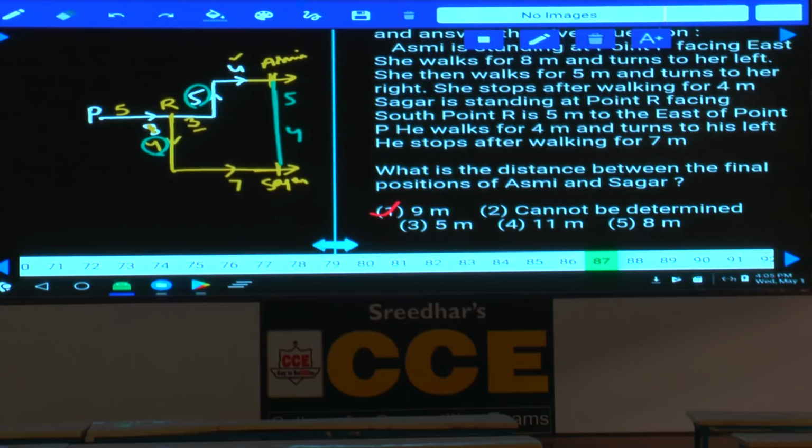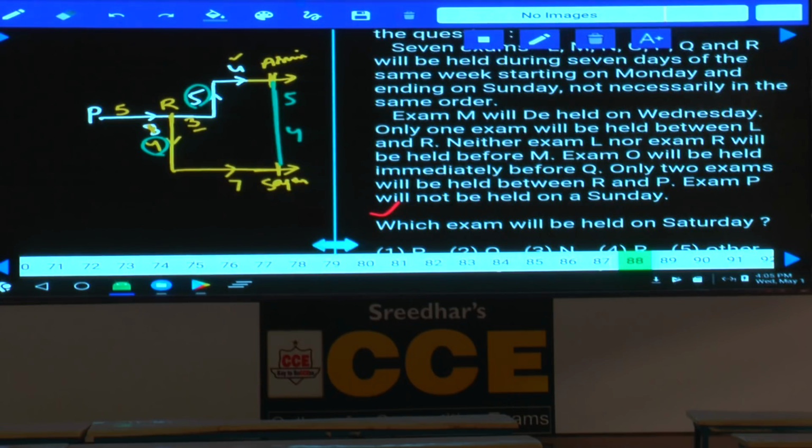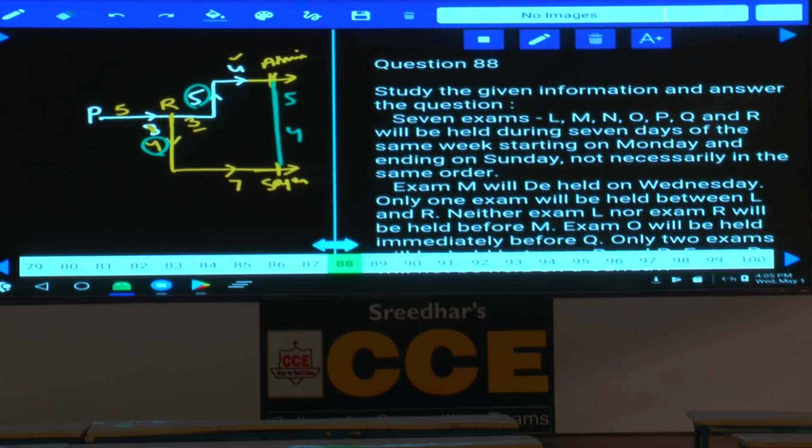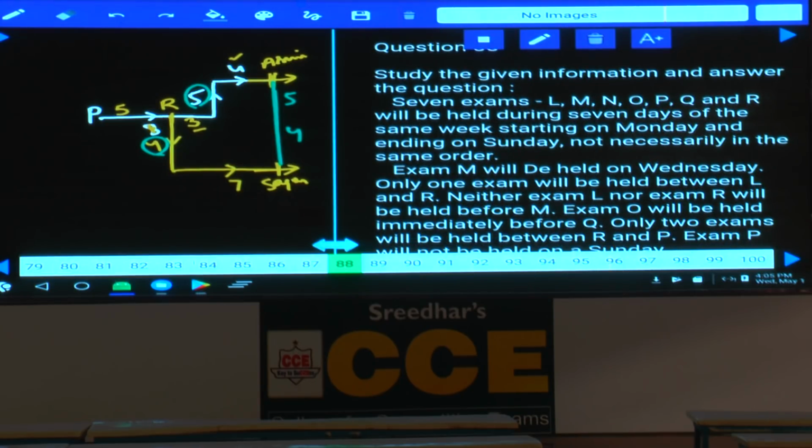Then question numbers 88 to 90. 7 examinations L, M, N, O, P, Q and R will be held during 7 days of the same week starting from Monday and ending on Sunday, isn't it? Starting on Monday, ending on Sunday. Now Monday, Tuesday, Wednesday, Thursday, Friday, Saturday and Sunday.